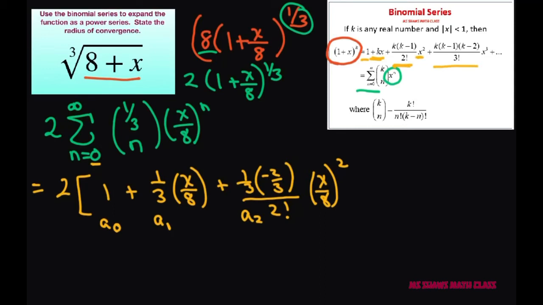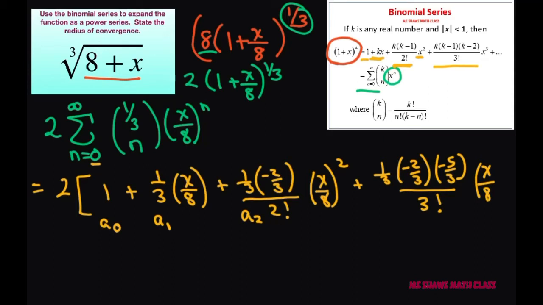And let's do it one more time. Plus 1/3. Then we have the negative 2/3. And then negative 2/3 minus 1 is negative 5/3. Divided by 3 factorial. And then we're going to get x divided by 8 to the, that's cube.